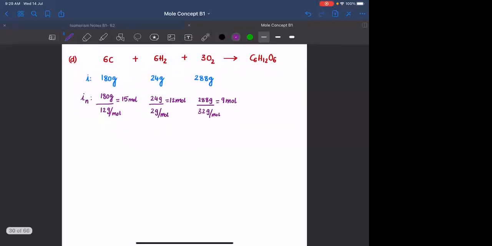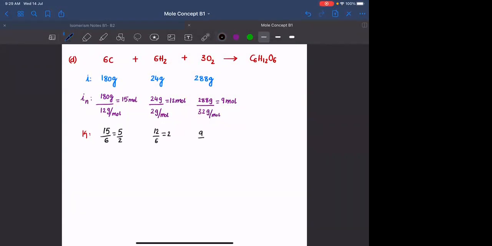So now that we have moles, you can calculate the value of K. What will K be? 15 by 6, which is equal to 2.5. This is 12 upon 6, which is equal to 2.